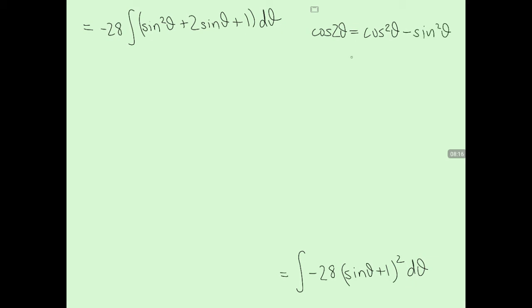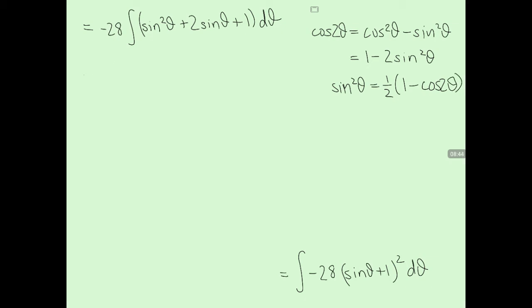And rearranging this, we can get 1 minus 2 sine squared theta, by replacing cosine squared theta with 1 minus sine squared theta. And now if we solve for sine squared theta, we get sine squared theta equals 1 over 2, 1 minus cosine 2 theta.